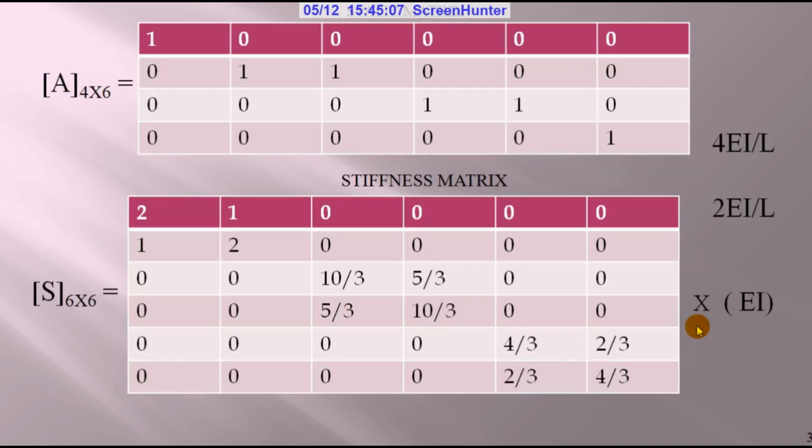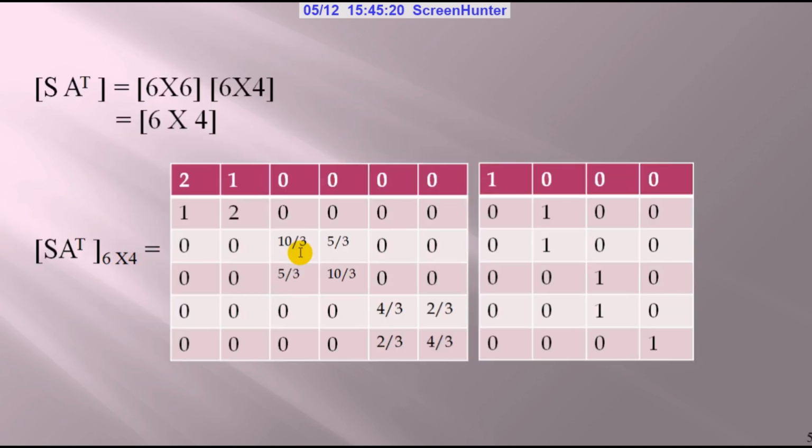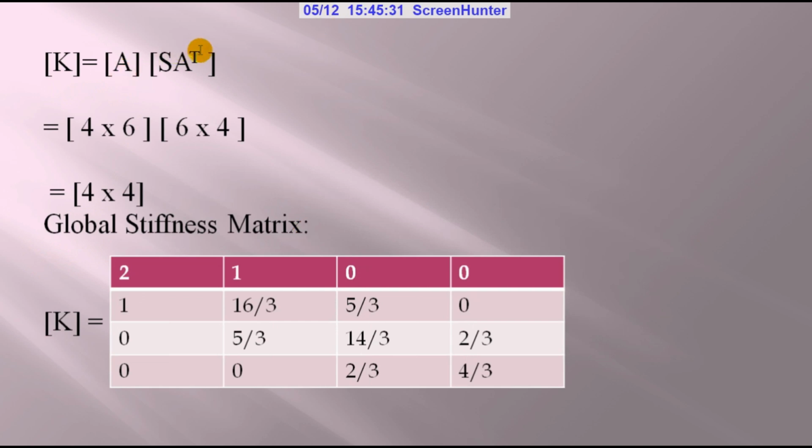So in my previous lecture, this A matrix we have formulated, stiffness matrix we have formulated, then simply transpose of the matrix we have done here, then we have multiplied transpose of the matrix and stiffness matrix, which we are abbreviating here as S A^T matrix. When we multiply A matrix with S A^T matrix, we will get global stiffness matrix. So after global stiffness matrix, in my next video lecture I shall explain you how to determine the forces.